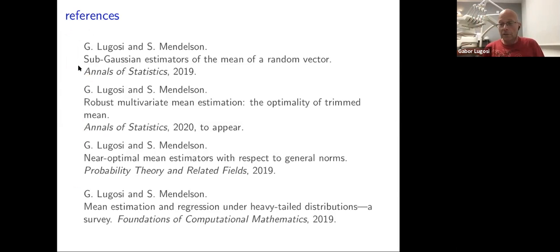Because in high dimensions, maybe it's not the Euclidean distance that one is interested in. You can think about trying to estimate means of random matrices, for example, or something else. So one can essentially characterize what's a sub-Gaussian analog that one can do.